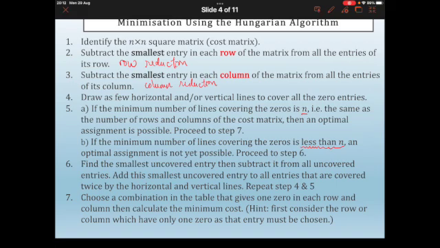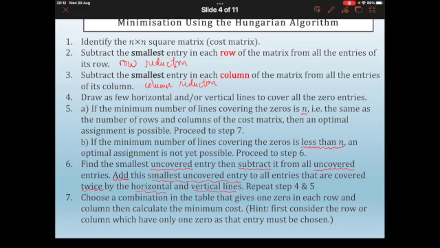Then you need to find the smallest uncovered entry, and subtract it from all uncovered entries. Then add the smallest uncovered entry to all entries that are covered twice by the horizontal and vertical lines. Then you repeat steps 4 and 5.